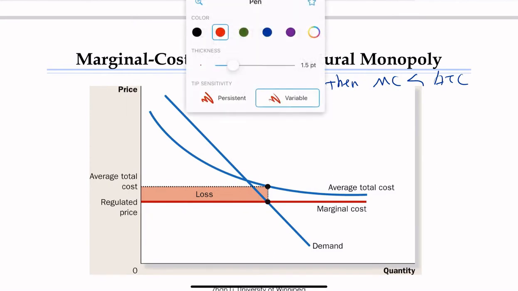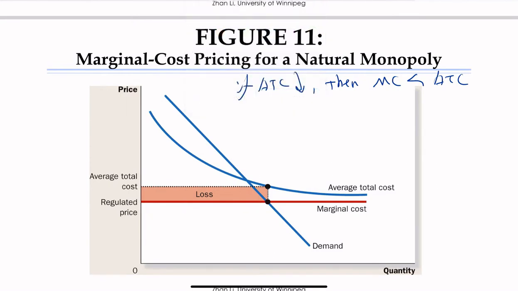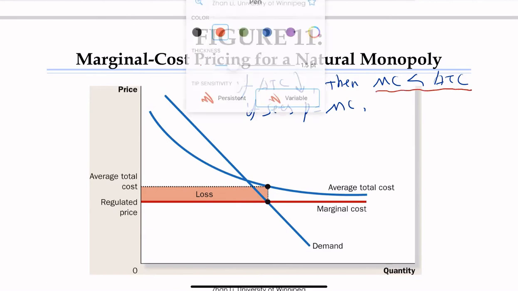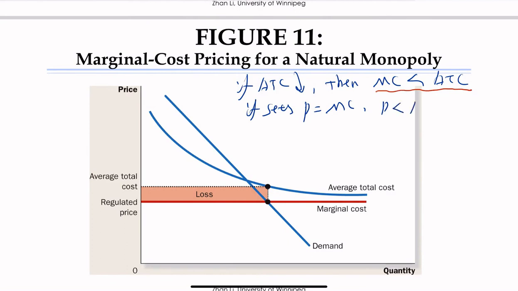Now, what's the implication of this result? It implies that if the government sets price equals marginal cost, supposedly, this price is the price maximizing total surplus. But because marginal cost is actually lower than the average total cost, this implies price is lower than average total cost. And we learned profit equals price minus average total cost times quantity.